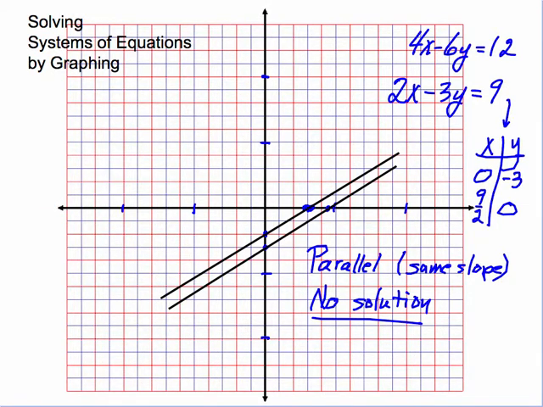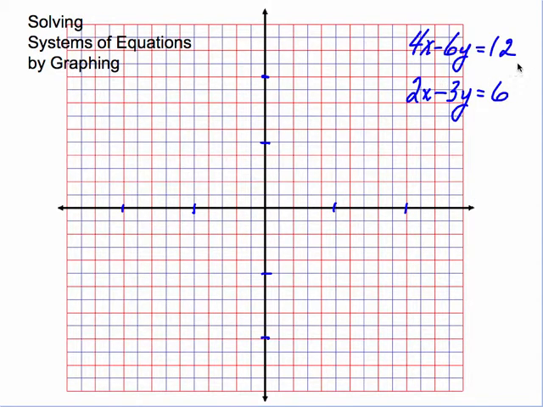Let's look at one more. We'll take 4x minus 6y equals 12 and 2x minus 3y equals 6. We will quickly plot 4x minus 6y equals 12, which we know we can do this way. And now we will plot 2x minus 3y equals 6. Let's find the intercepts.